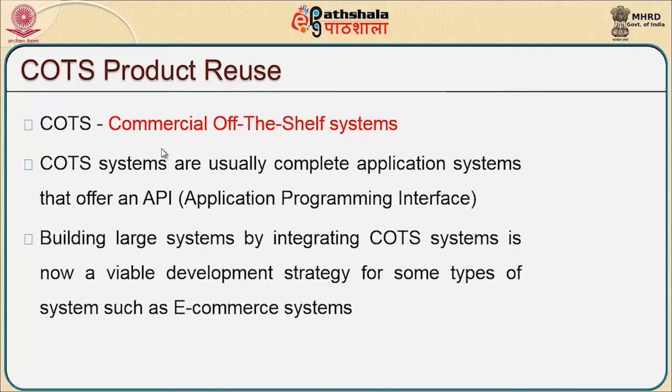When we look at commercial off-the-shelf product reuse, these systems are usually complete application systems that offer an application programming interface. Building large systems by integrating COTS systems is now a viable deployment strategy for some types of systems such as e-commerce based systems.